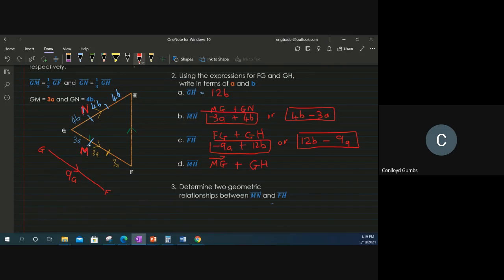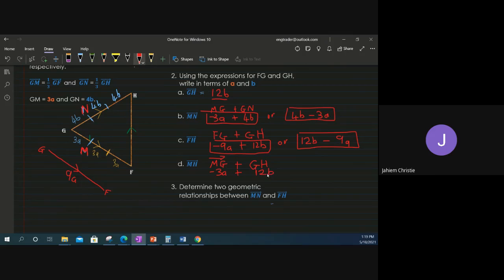So M to G is minus 3a, minus 3a plus GH. GH is from here going to H. And what do we have for GH? 12b. So we could say that is 12b.